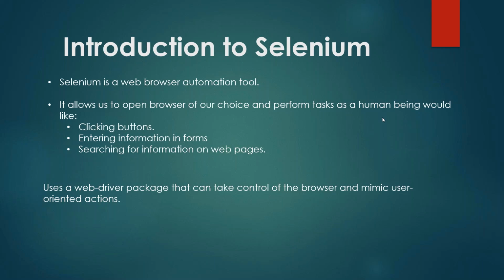In Selenium, we don't need to write much. It is much more of an automation tool. It allows us to open a browser of our choice and perform tasks as a human being would.